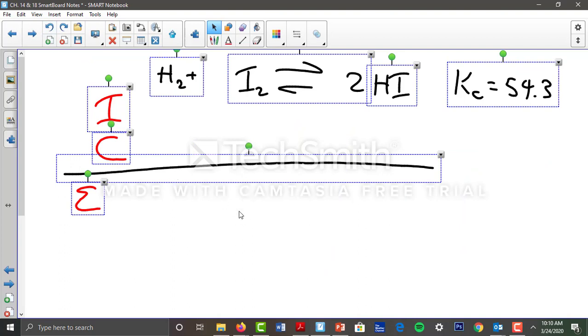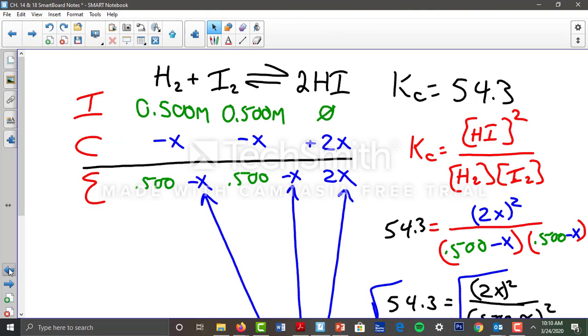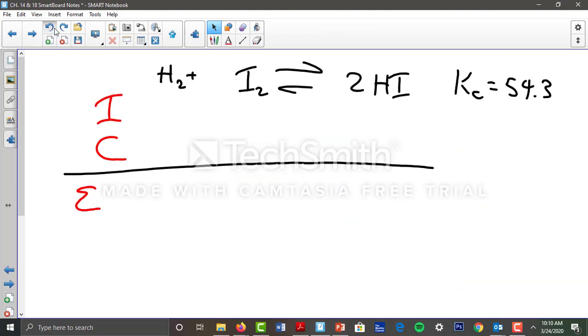Now, here is another example that I want to illustrate. I want you to take two things away from this. So here's an example where, again, it's the same reaction as the previous one, except our starting amounts are going to be different. Here, I'm giving you starting amounts of all three things.